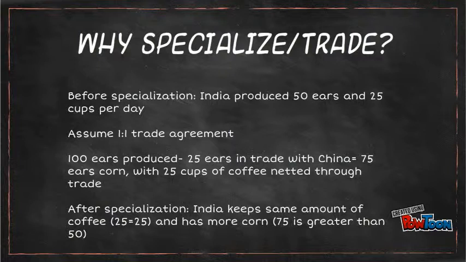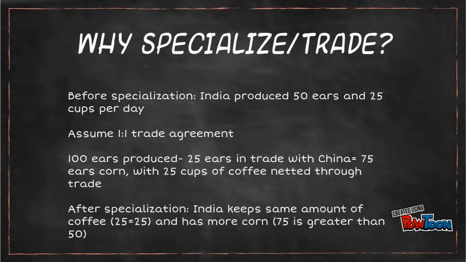And then, why do nations specialize in trade? Well, before specialization, India could make 50 ears of corn per day and 25 cups of coffee per day. Assuming a one-to-one trade agreement, if India focuses completely on corn, it can make 100 ears of corn with the time it took to make 50 ears of corn and 25 cups of coffee.